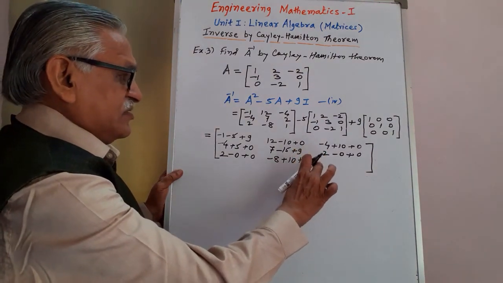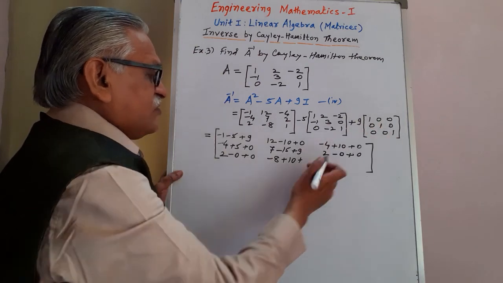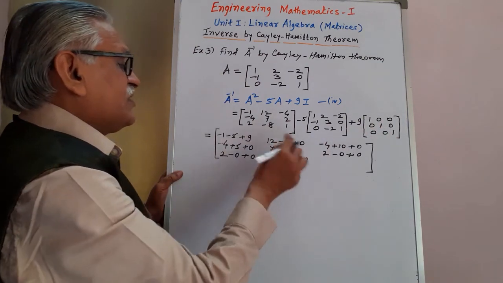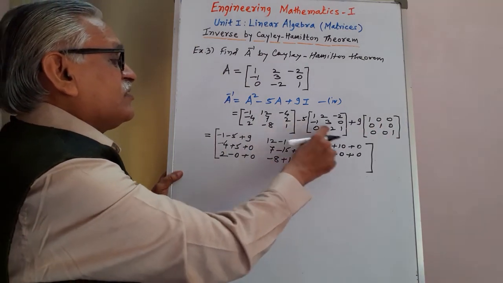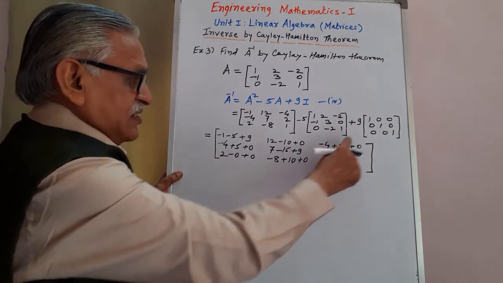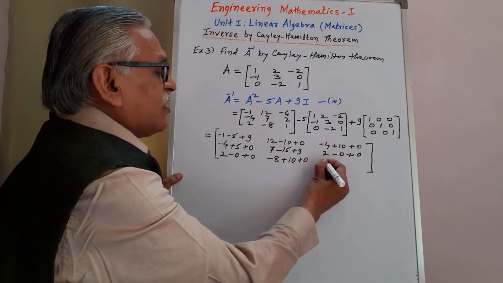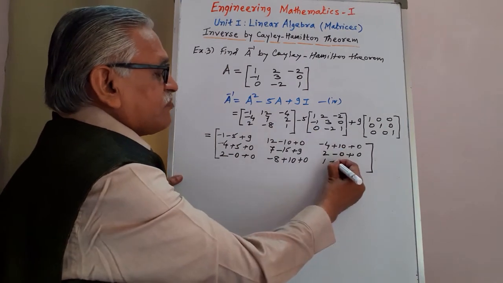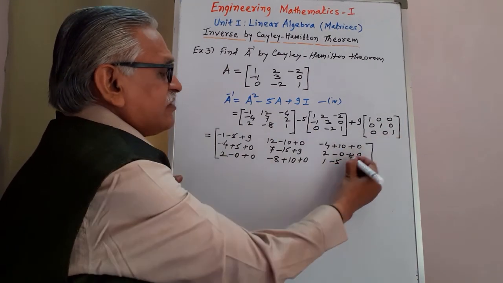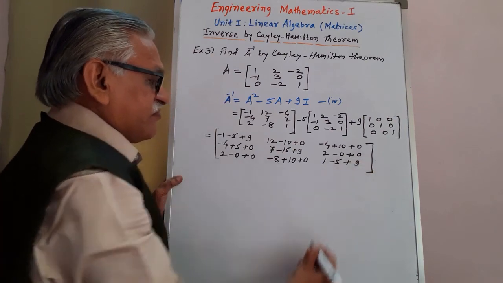Plus 0, once again minus 10 plus 10 and 0. And then last element of all 1 minus 5 and plus 9.